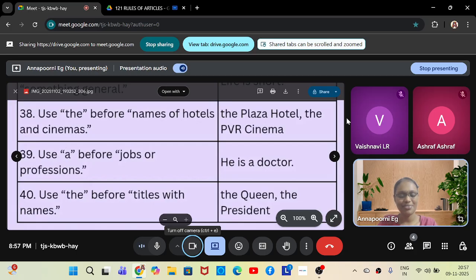Okay. I will ask Vaishnavi also. Who is the Chief Minister of Tamil Nadu? R. N. Ravi. That, sir, is the governor. Who is the Chief Minister? Vaishnavi, you are in 8th standard, and you don't know the Chief Minister of the state.